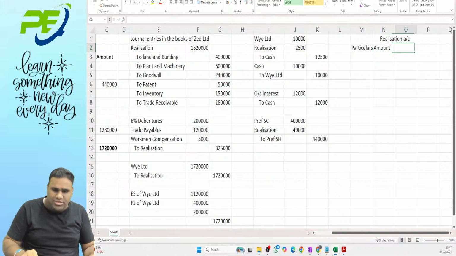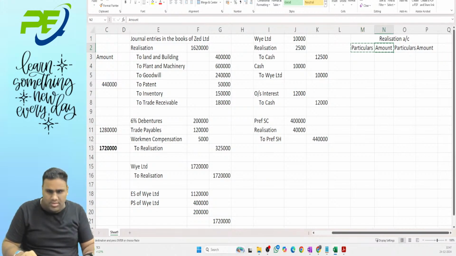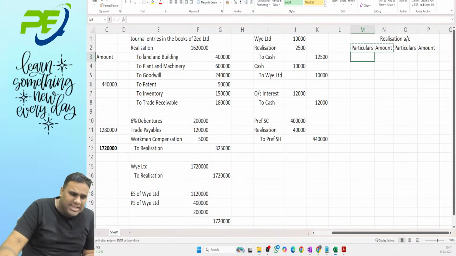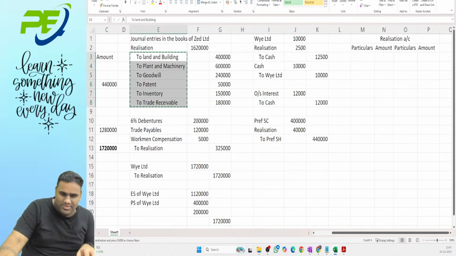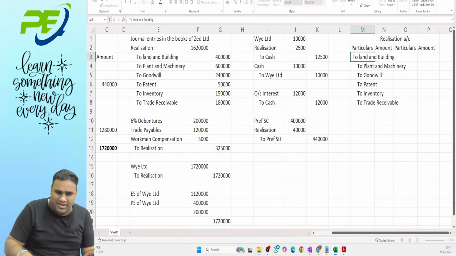We will assume this is also asked in the question. So in the realization account, first I'll write all these assets. Sundry assets, last class I said you should not write.